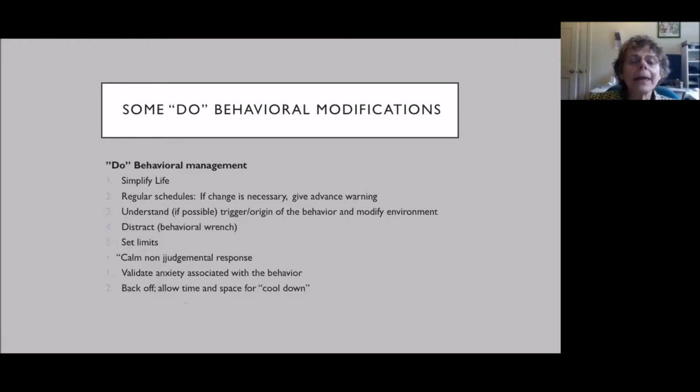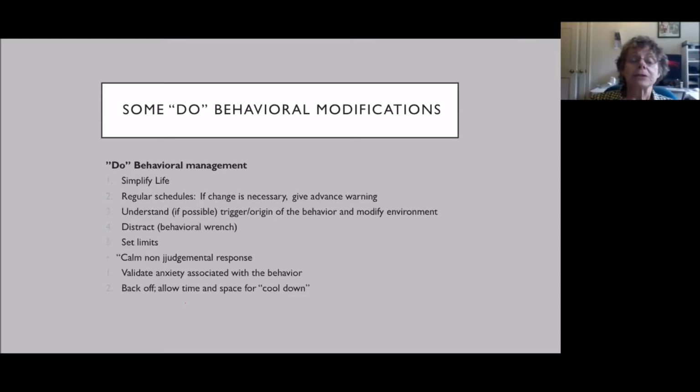A calm and non-judgmental response is very important. Becoming angry or upset with the behavior will escalate it to something more challenging like agitation. I think it's also important to validate the anxiety associated with the behavior, not the behavior itself.